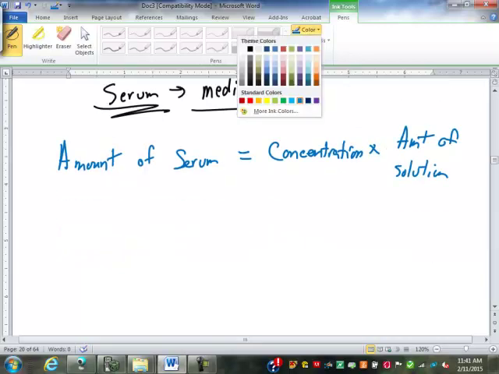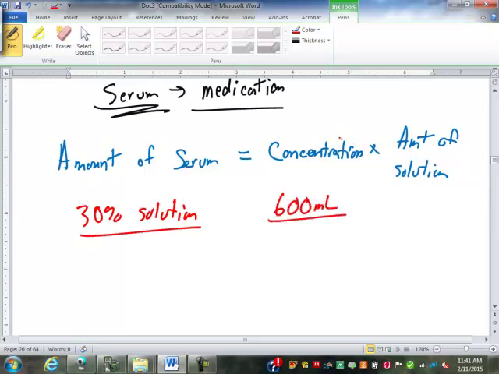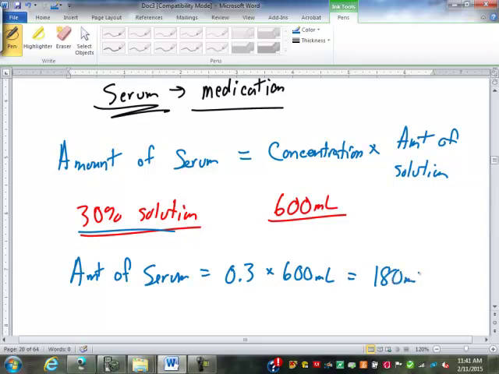So for example, if we have a 30% solution and we have 600 milliliters of it, the amount of medication or serum in that solution: a 30% is a concentration of 0.30, or just 0.3, times 600 milliliters. That's going to be 180 milliliters of serum or medication in that solution.